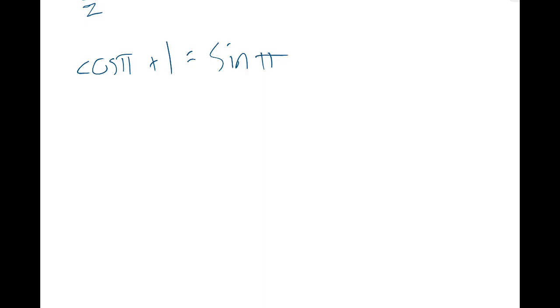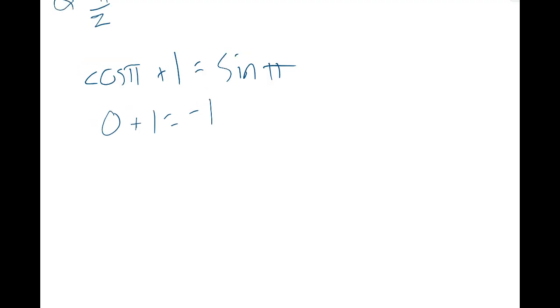Now, what's cosine pi? It is 0. So we get 0 plus 1 equals negative 1.